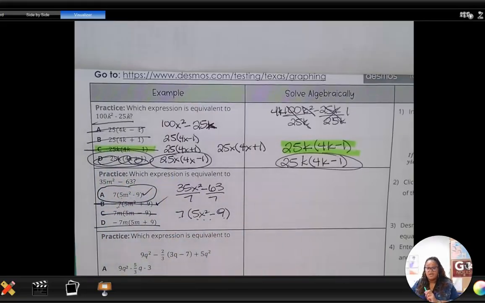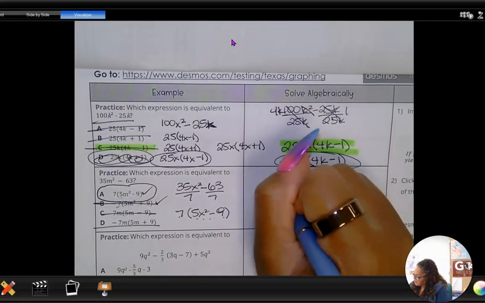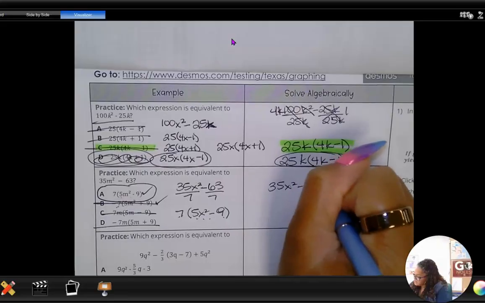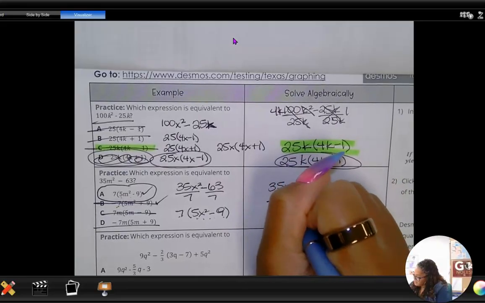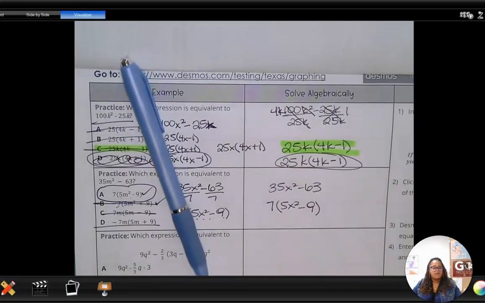And then this is where we check using DESMOS. So we say 35x squared minus 63. Does that equal 7 times (5x squared minus 9)? Let's double check and see.